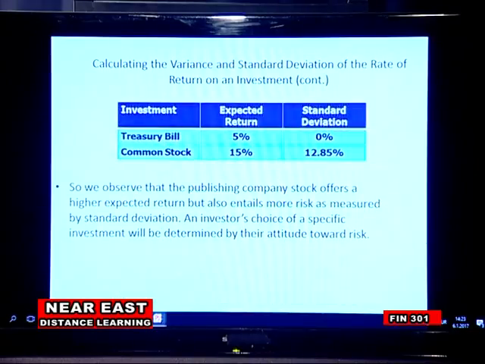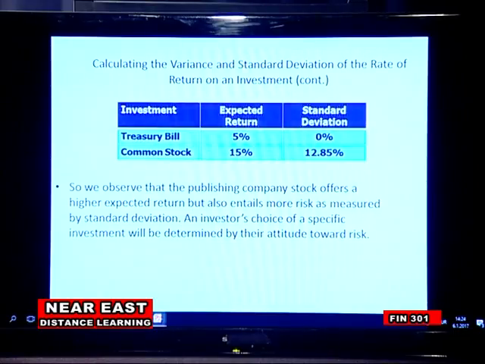In the last example, when we explained investing between two assets, treasury bills or common stock, the expected rate of return for treasury bills is 5%. The expected rate of return for common stock is 15%. We observe that the expected rate of return for common stock is higher than for treasury bills.